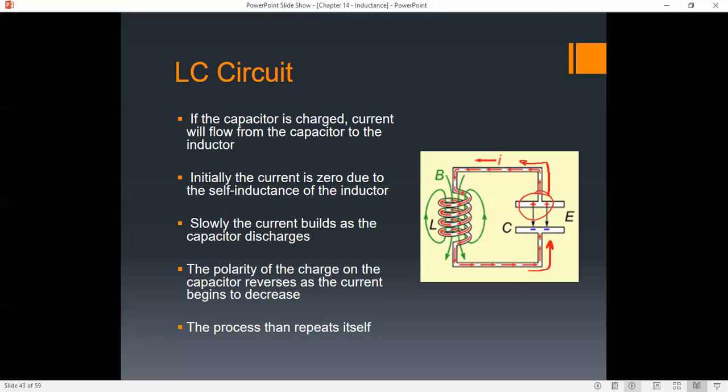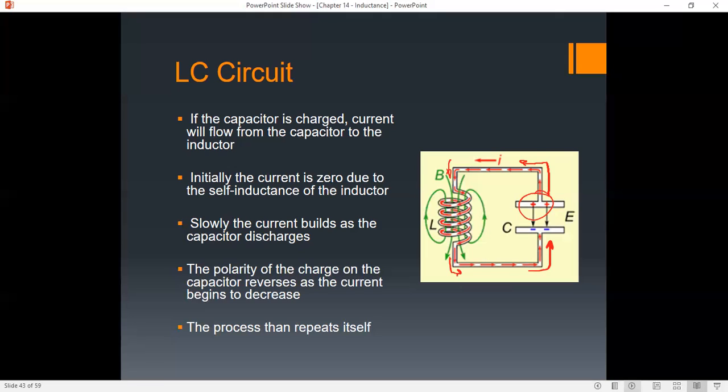The current begins to flow to the inductor. Well, what does that do? Well, as a current flows through the inductor, that produces a magnetic field. So the energy that the capacitor had now becomes the magnetic field, or becomes stored in the inductor as a magnetic field as the current begins to flow more and more.